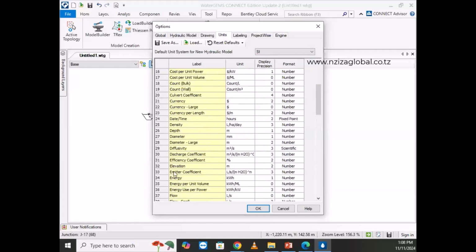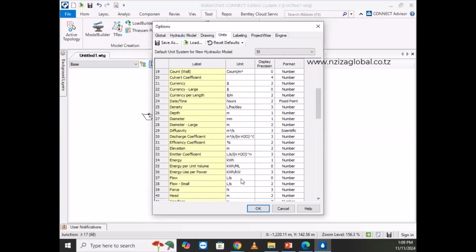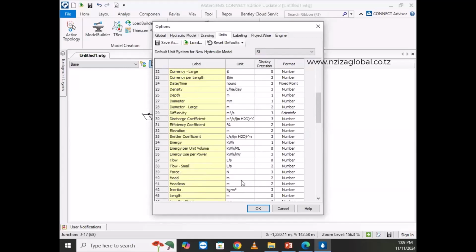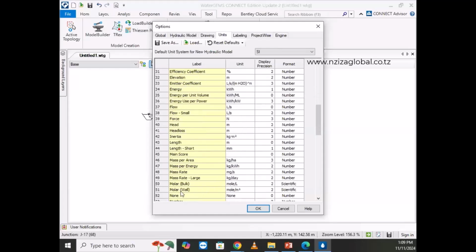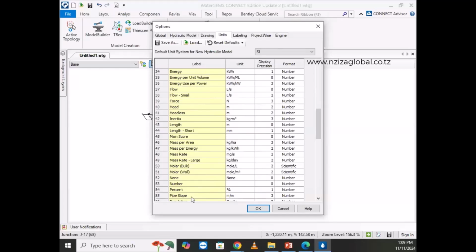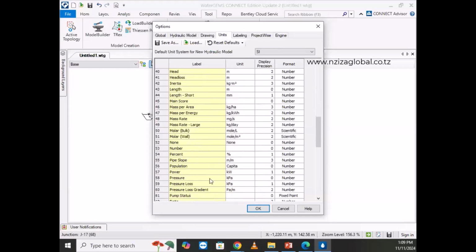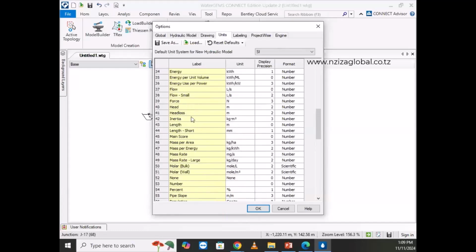For elevation, there is meter that you use here, or feet. Meter, good. The flow, liter per second, we are good. Head, meter, yes. Length, meter, yes. Pressure, Pascal. Flow. This one.